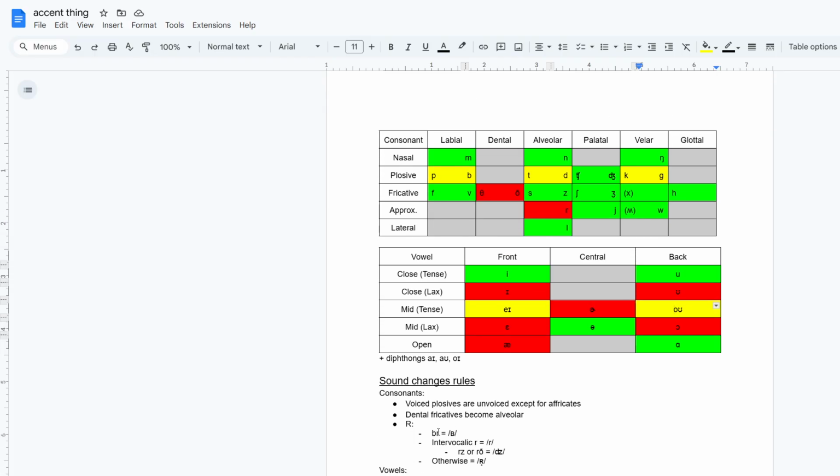So instead of saying like bro, you would say bro, bro, yeah. And then intervocalic, so between vowels, the R would turn it from an ra to a ra, like a voiced alveolar tap/flap.